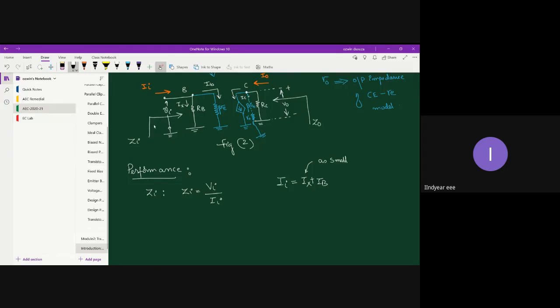When you look into the network from the input port, you see two resistors connected in parallel, both connected across the base terminal and the ground terminal. So by inspection, you can straight away write your input impedance Zi as the parallel combination of RB and beta re. That's your input impedance.